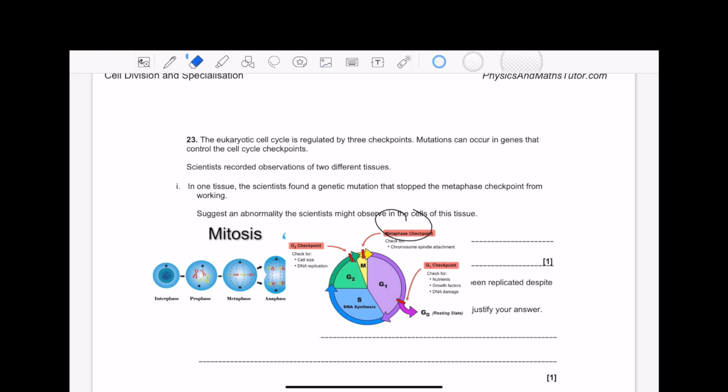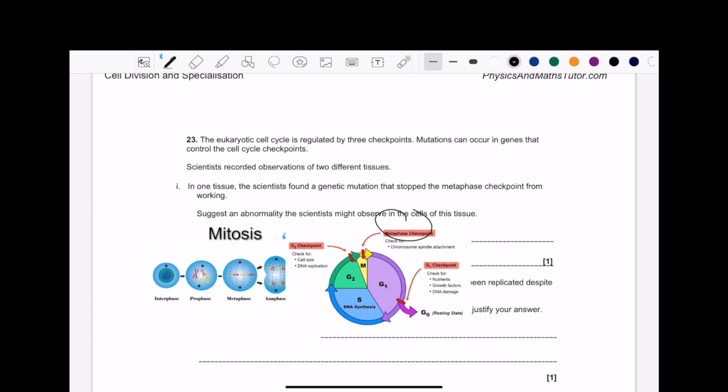Because when you look at what happens before metaphase, the number of chromosomes matter. Because if they are different, most likely caused due to a genetic mutation, then you can't proceed, right? Because the cells contain incorrect number of chromosomes. And so that's what I would say here.